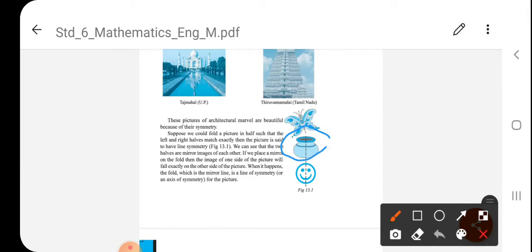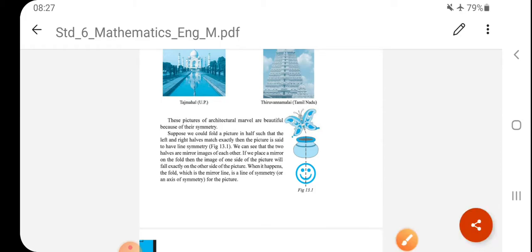You can see this fort. If you make a vertical line, or fold this picture in half, then you can see both the parts are the same and match exactly. Then this picture is said to have a line symmetry.